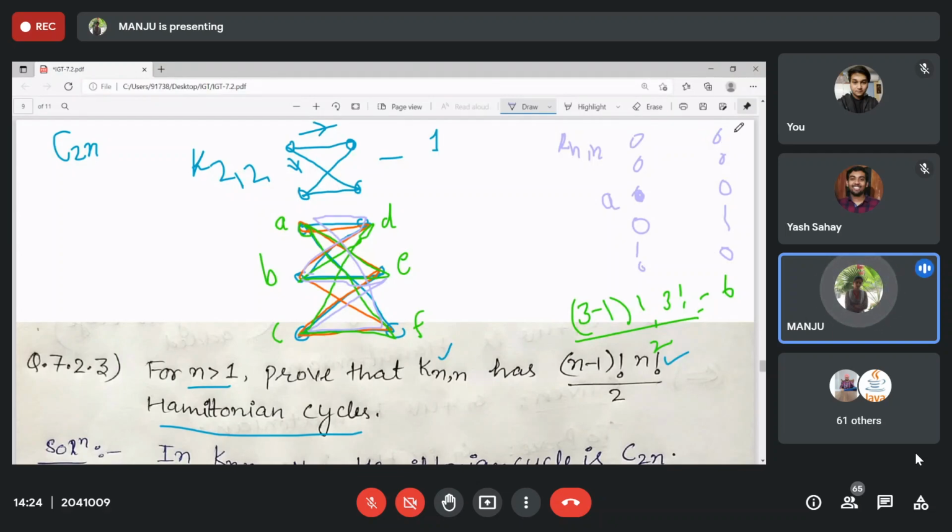How many ways can we choose these n vertices? N ways, or n factorial ways? How many ways can we visit these n vertices from this vertex?